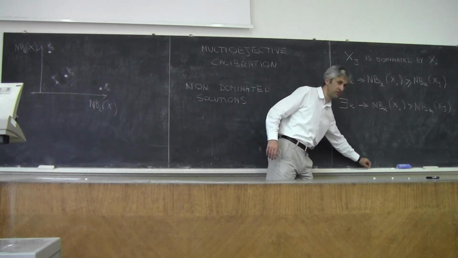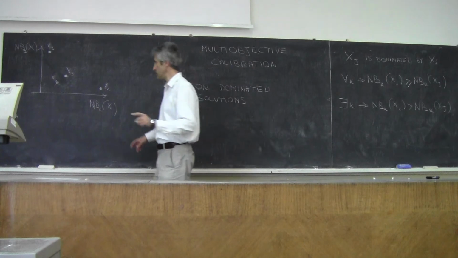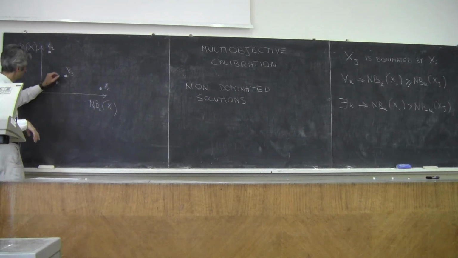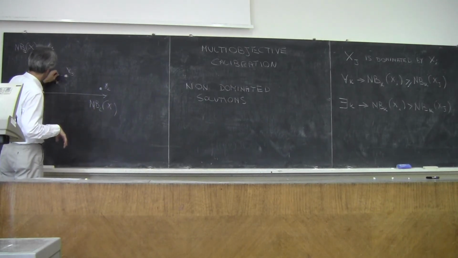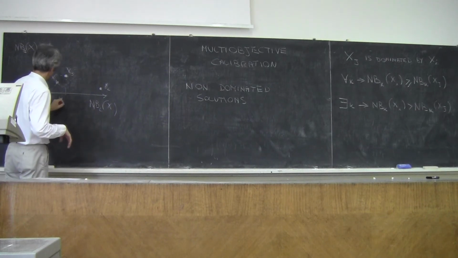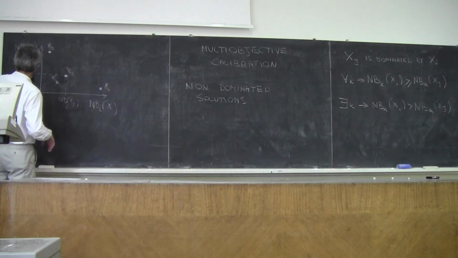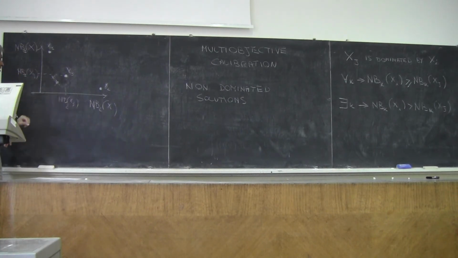So if you apply this definition, which is easy to understand in practice if you look at the graph, what do you obtain? Let's consider x3. And this is md x3. And this is md1 x3. So if you have x3 here, and you see x4 here, this is dominated by x3.